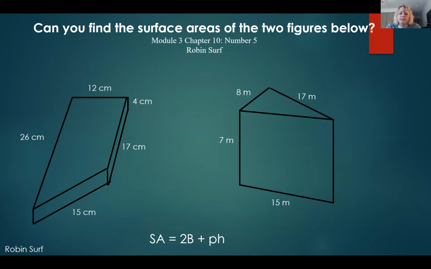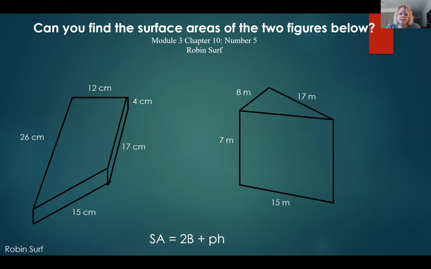In the next figure, let's take a look. The 2 bases are triangles, and the area of one of those triangles is equal to 1/2 times the base times the height, which comes out to be 60 meters. So now the perimeter of one of those triangle sides is 40, and we know the height is equal to 8.